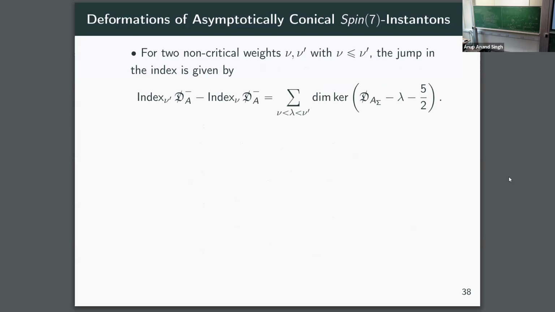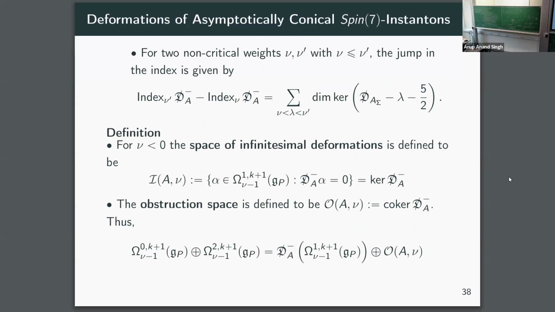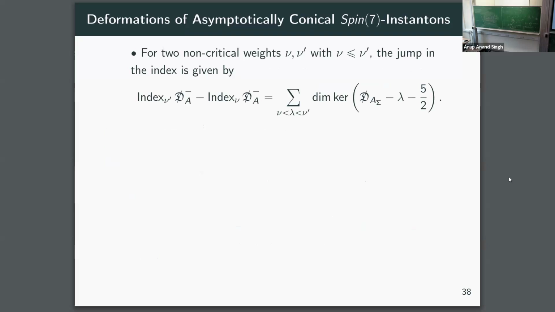This follows from the relation between the Dirac operator on the cone and on the link, which I didn't write down for obvious reasons. This critical rate doesn't care whether it's the Dirac operator on the cone or on the asymptotically conical manifold. And so this critical rate makes the index jump. You figure out for which eigenvalue you have this critical rate, and then the index of the Dirac operator will jump exactly by the dimension of that eigenspace.